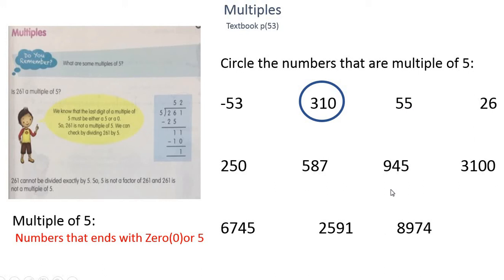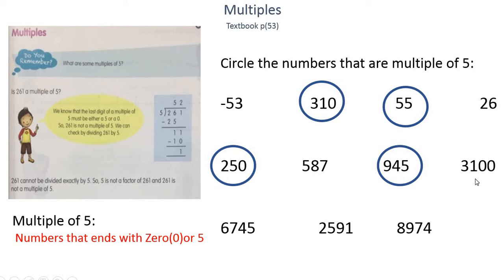Here, 55. Is it a multiple of 5? Is the ones place 5 or 0? Yes, it's 5. So I will circle it. 26, no. 250, it's 0, so I have to circle it. 578, 87, no. Next is 945, yes, so I circle it. How about 3100?